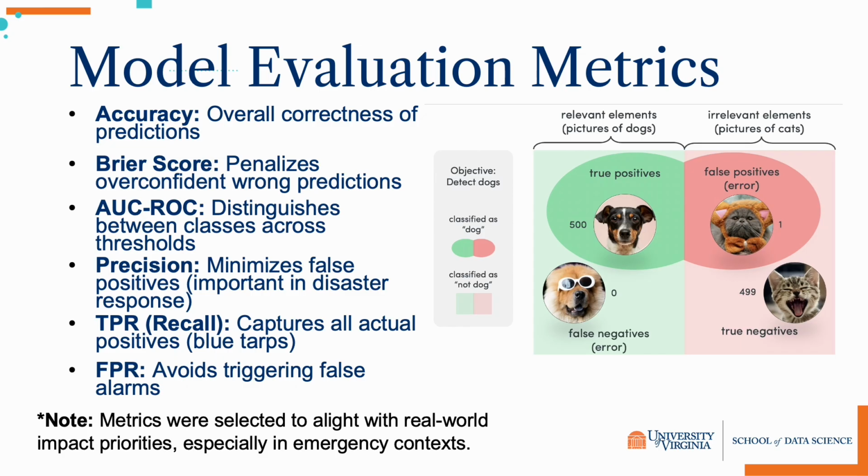While not as serious as what was at stake in our project, having precision is very important when classifying what is actually a blue tarp, because as mentioned before, it could lead to wasted resources and not being able to efficiently help those in need.